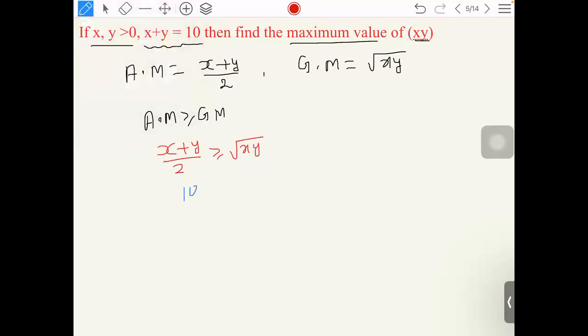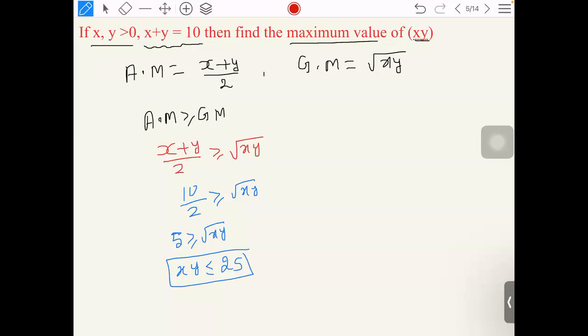What we'll get? 10 by 2 is more than or equal to root over xy, or 5 is more than or equal to root over xy, or x into y is less than or equal to 5 square, that means 25. So the maximum value of x into y is 25.